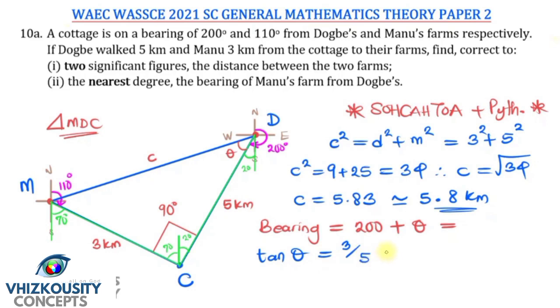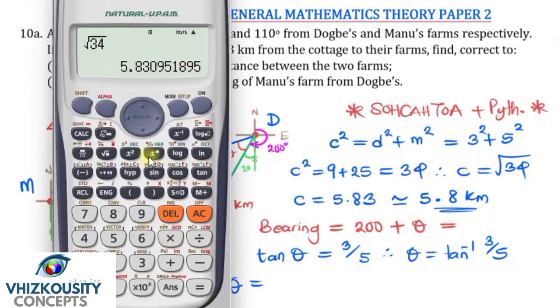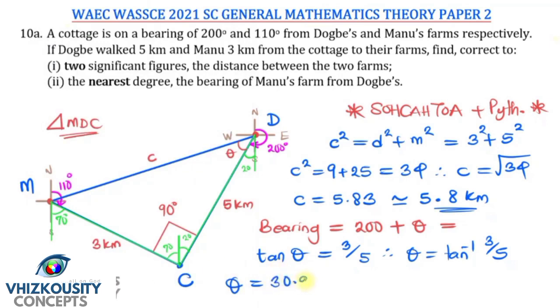So theta will be arctan of 3 over 5, which is arctan 0.6, and that is 30.964. Such that the bearing that we are looking for is 200 plus 30.964, which would be 230.964.